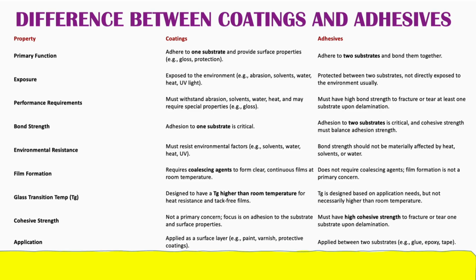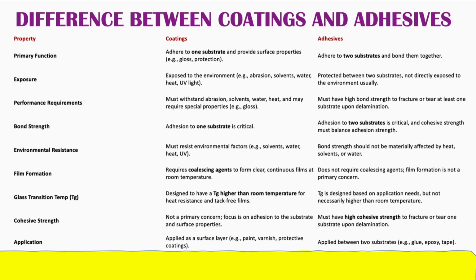A coating, when applied, dries up, solidifies, forms a uniform thin film, and then it is exposed to the harsh environment: temperature variation, moisture, different gases, different solvents, marring and abrasion. So the coating has to overcome all these hurdles.